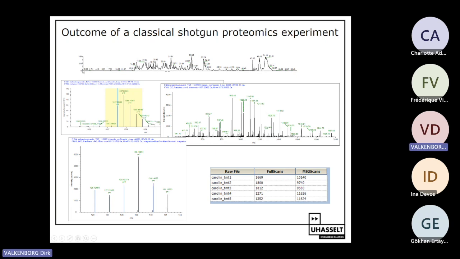And you see here there is some blank, so no signal. That is what we call the dead time of the column. So it takes a while before peptides start to elute from the column. Very typical for a chromatogram, and then suddenly you see peptide peaks starting to elute from the column.